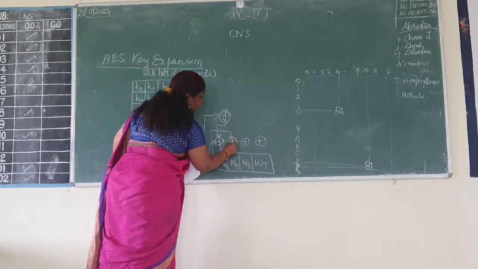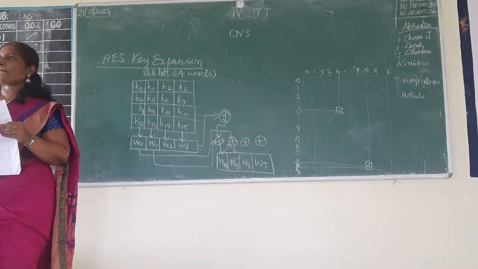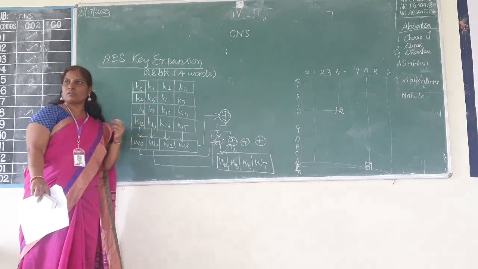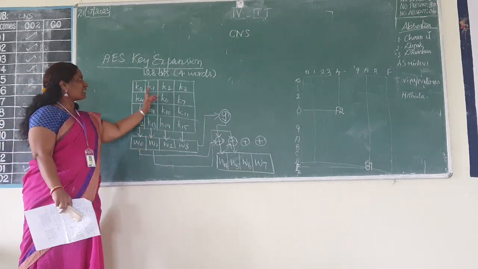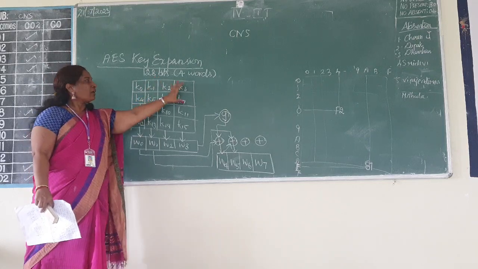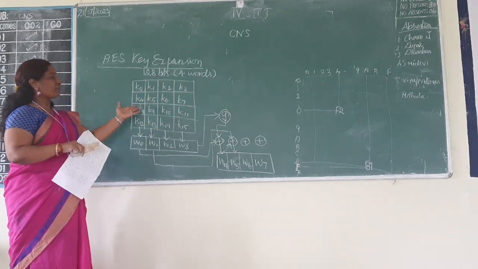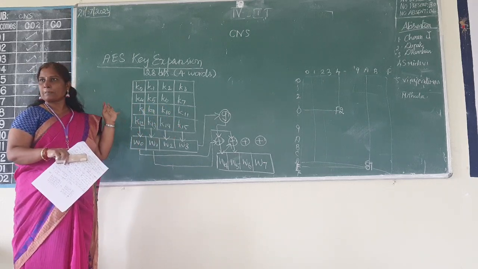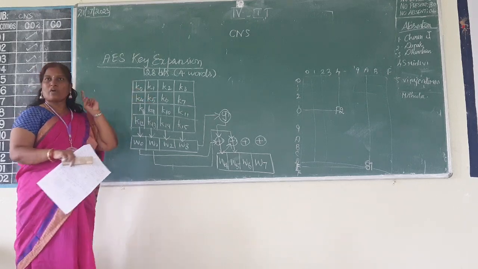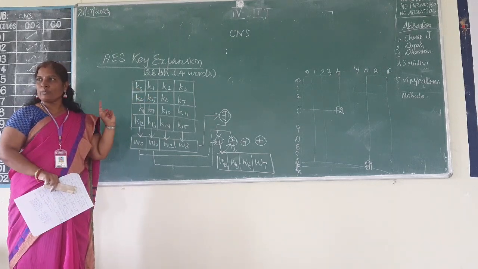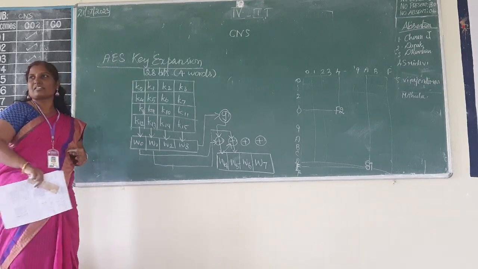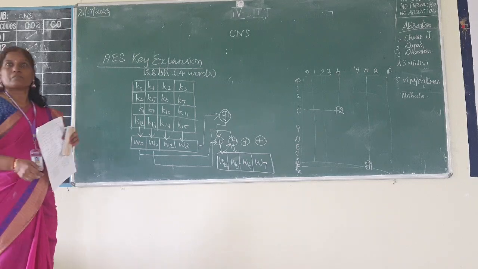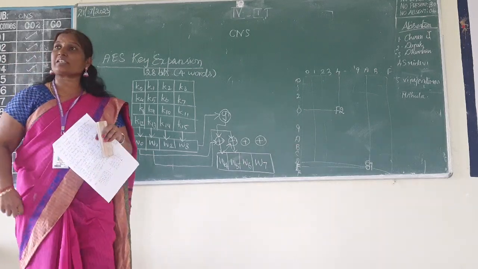A cell consists of one word. One to 4 words, each cell 1 word. The entire key size itself is 128 bits, so 4 by 4 is 16 cells, and together they make 4 words. Which means one row is one word. What is the size of one word, how many bits, how many bytes?